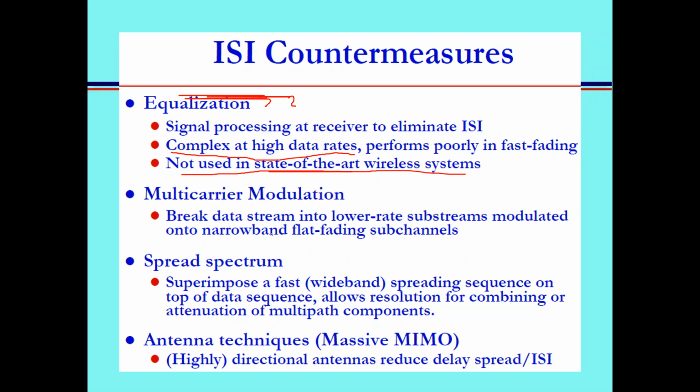Now we have another technology that can help reduce the intersymbol interference, called spread spectrum. In spread spectrum, you take your data rate, which is sometimes relatively low, and you multiply it by a chip sequence that has a high data rate, then your signal spreads.